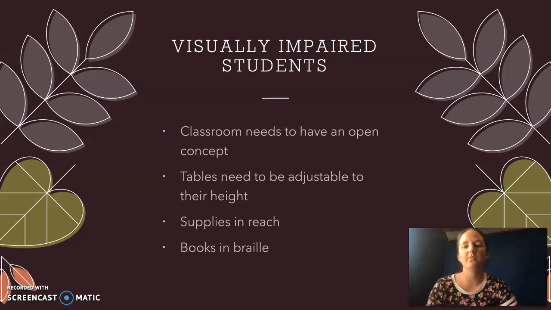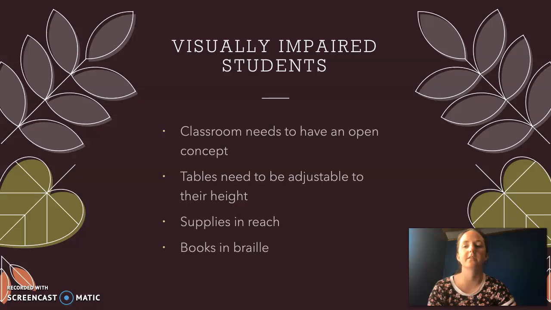When you have a student that is visually impaired in your classroom, you typically have to have the classroom open, not too cluttered, where you can walk around more and not bump into things. Tables need to be adjustable to a height like all the others, not too low or too high, and have the chairs about the same as all the other classrooms.